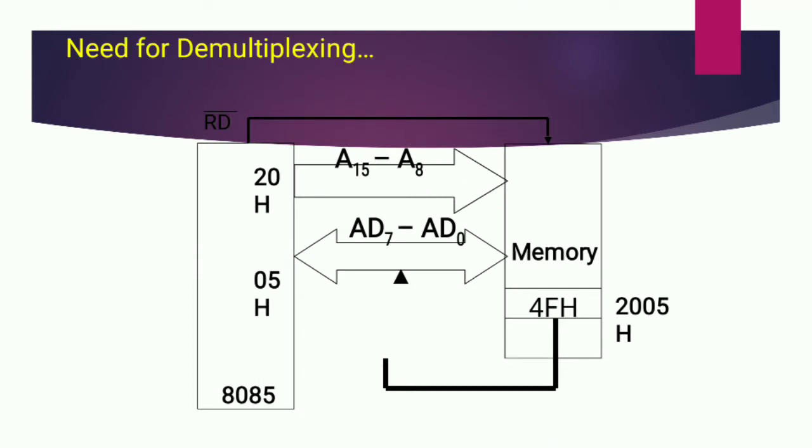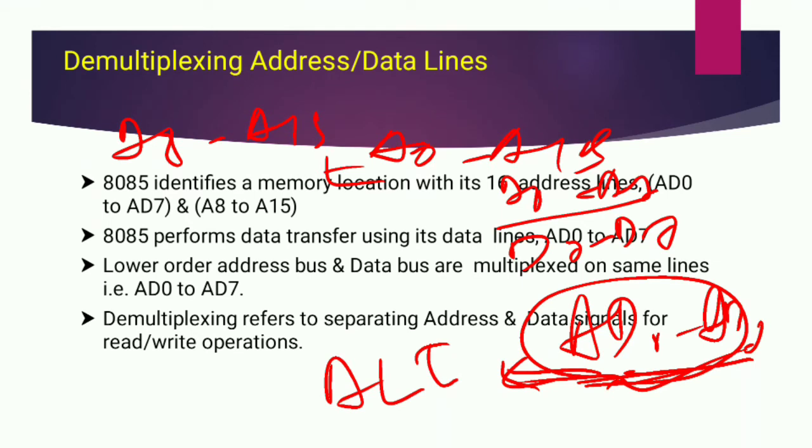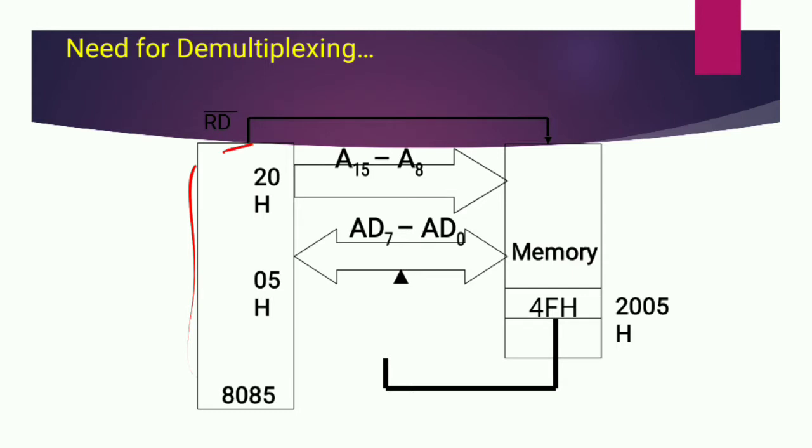Need for demultiplexing: separate the address and data lines from the multiplexed data and addresses. Here is the 8085 microprocessor. In the 8085 microprocessor there is a program counter.